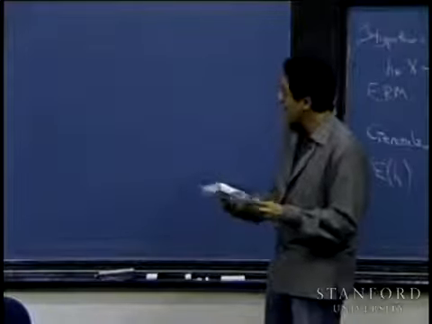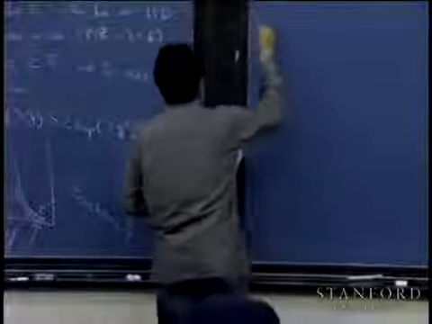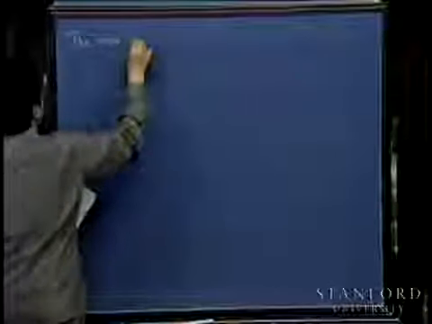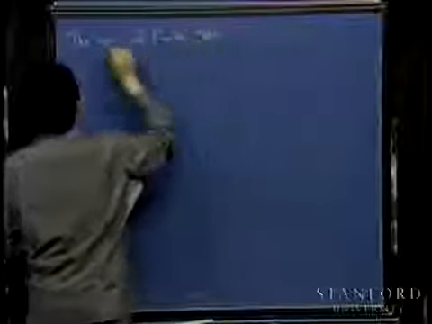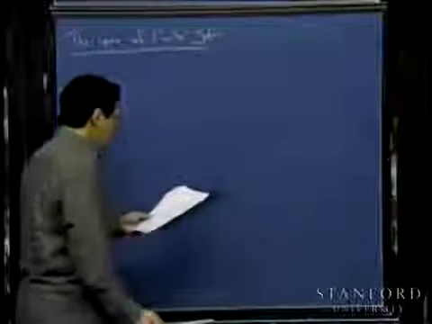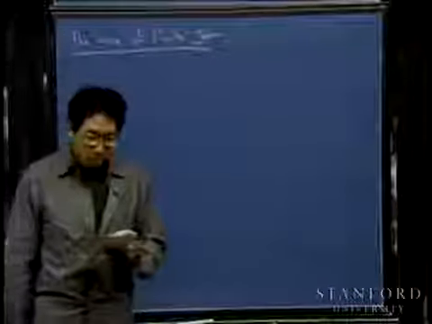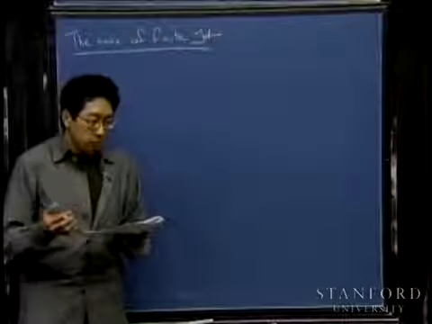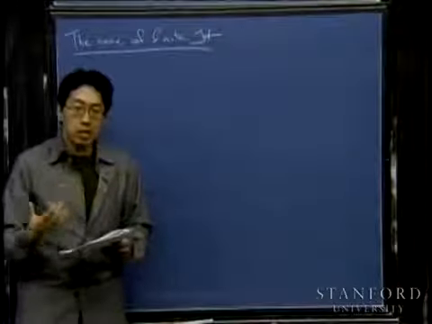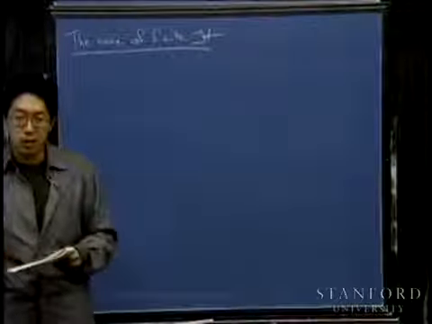So let's start to understand empirical risk minimization. And what I want to do is begin with studying empirical risk minimization for a slightly simpler case than, say, logistic regression.